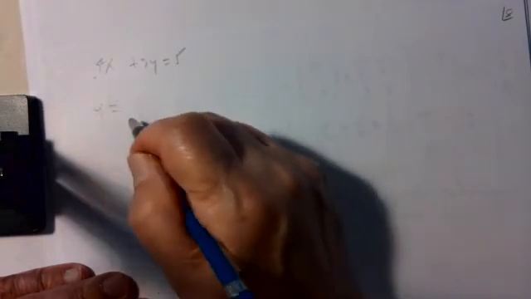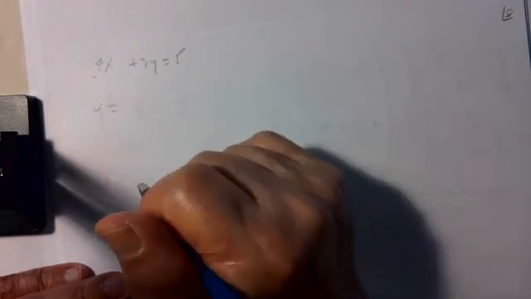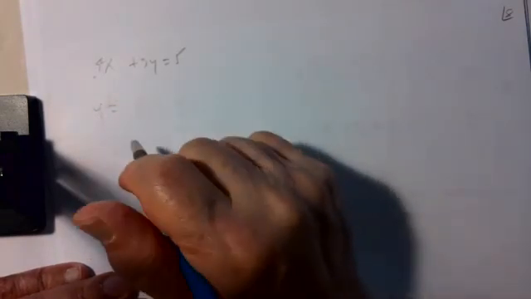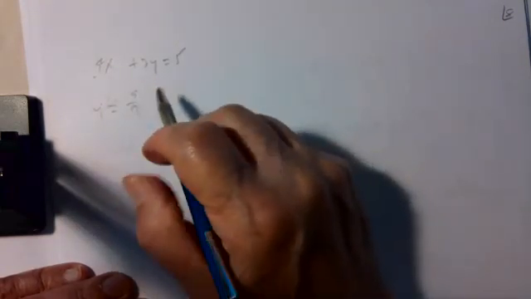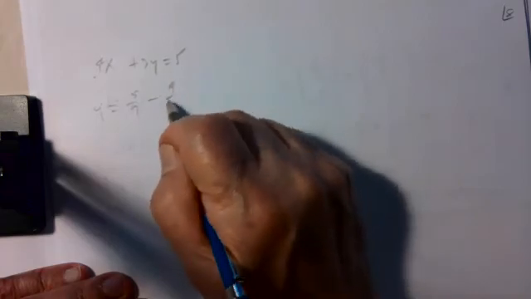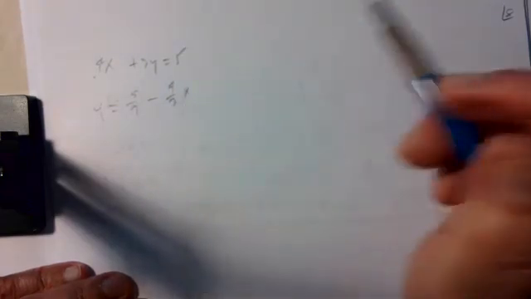I had the equation 4x plus 7y equals 5. When I solve for y in terms of x, I got y equal to 5 over 7 minus 4 over 7 x.